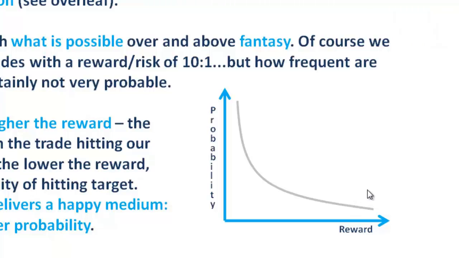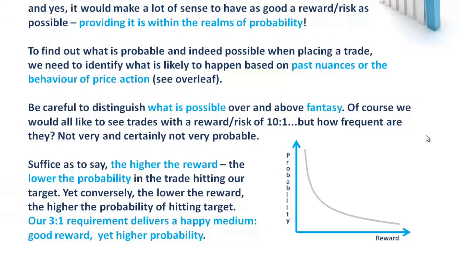However, what we want to do is go for high reward and relatively high probability, getting the best of both worlds through trade management, and obviously banking our profits along the way whilst keeping ourselves in the trade. Certainly our 3-to-1 reward to risk minimum threshold gives us the best of both worlds, because not only do we have a decent reward to risk, you also have a high probability of the trades coming through and hitting target.